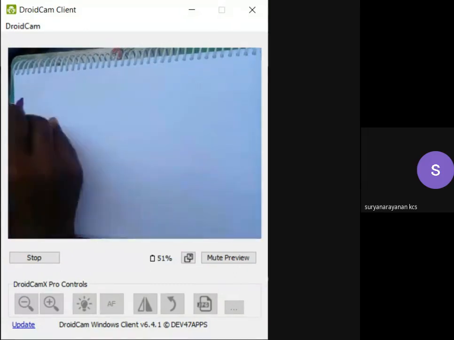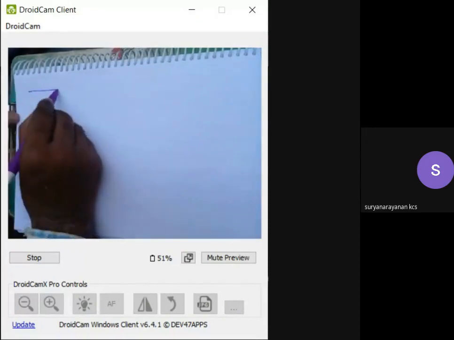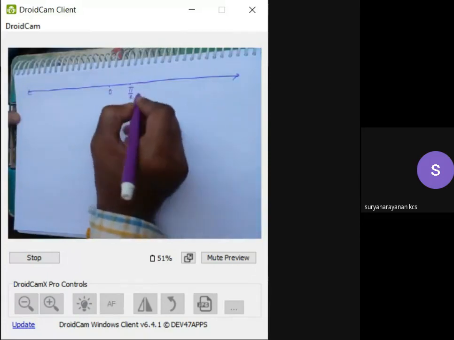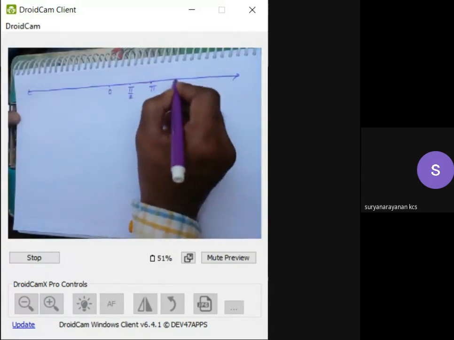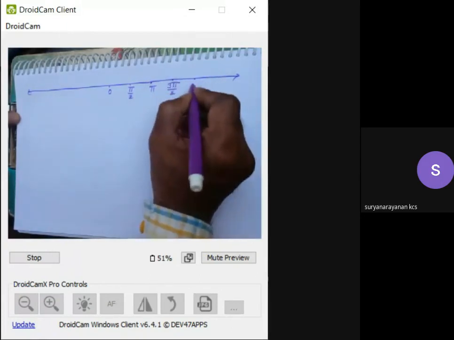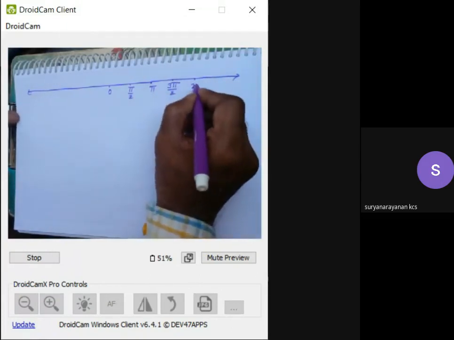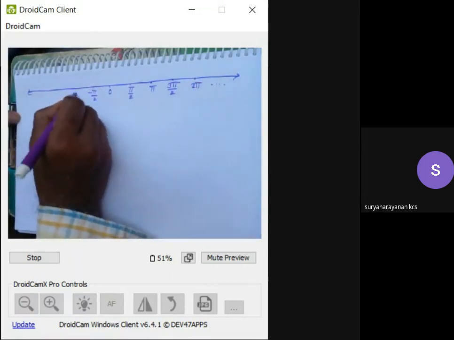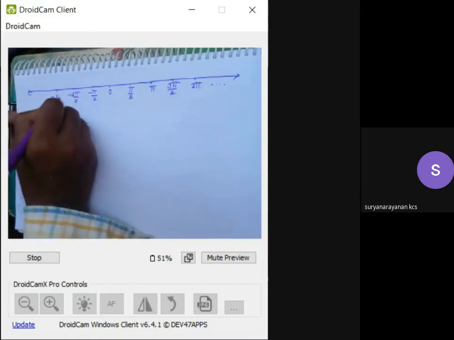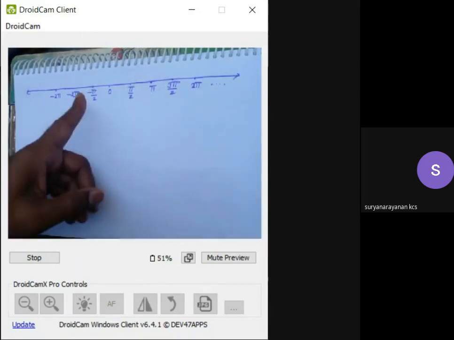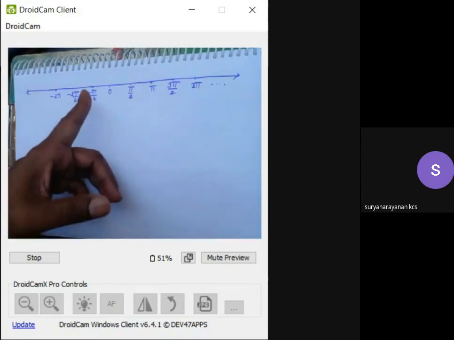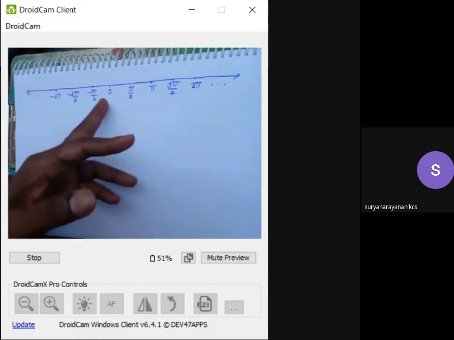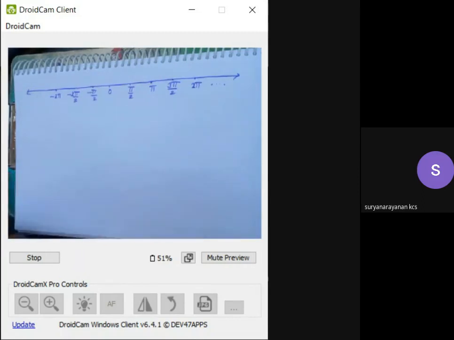Suppose we take the real numbers, let us take a real number line. These are also real numbers. We represented real numbers in terms of pi. This is also a real number line.